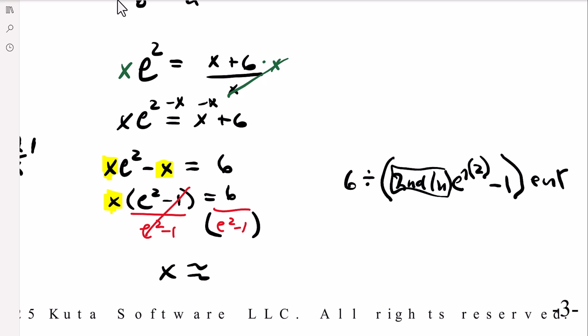I'm going to do that now. 6 divide, left parentheses, second ln, that gives me e to the caret, left parentheses, I'll type 2, right parentheses, subtract 1, right parentheses again, enter, and we get about 0.9391.